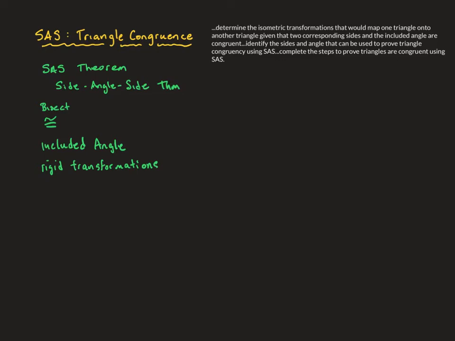So let's think about included angle. If I have A, I have C, and I have point B, the included angle is going to be angle B. Angle B is going to be the included angle for segment AB and segment BC.